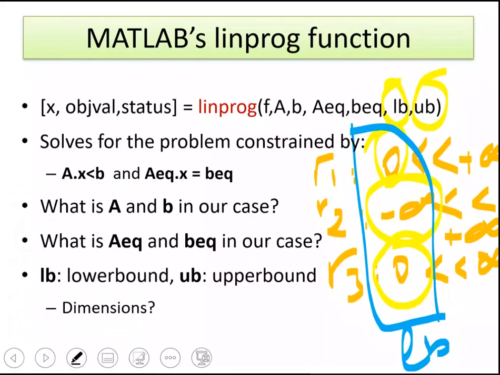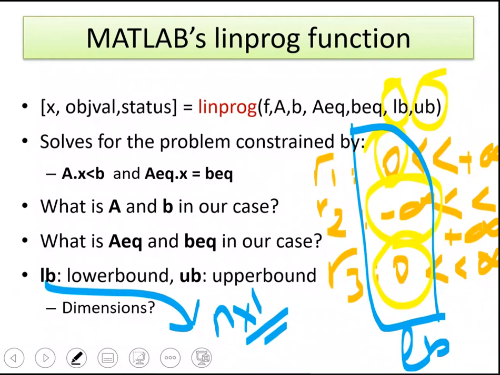The lower bound vector will be n by 1 in size, because we have n unknowns. For each unknown, we will have a minimum value and a maximum value based on reaction reversibility. In this case, we have 3 reactions, so it will be 3 by 1. And it will be 0, minus infinity, 0.